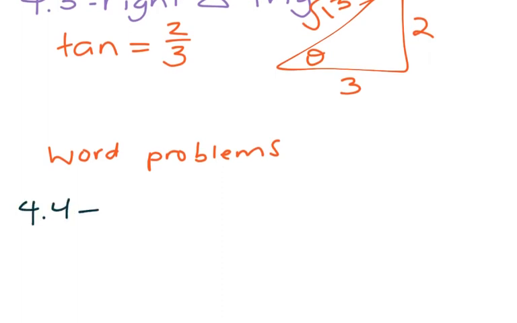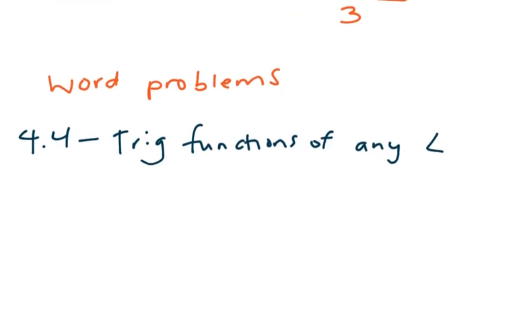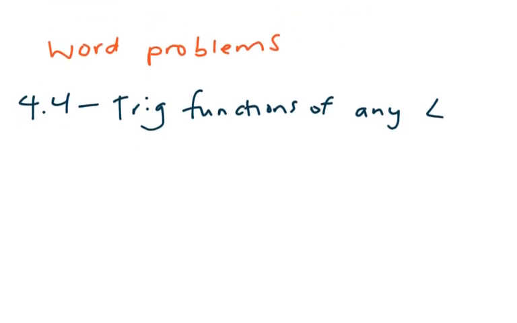4.4 was trig functions of any angle. So this was something like maybe they wouldn't be on your unit circle. This would be a coterminal like 17 pi over 4. And it would ask you to find the sine, the cosine, the tangent, the cosecant, one of those things.